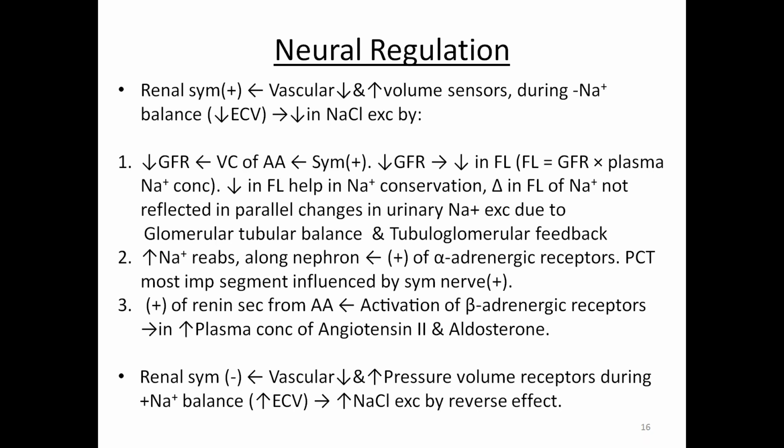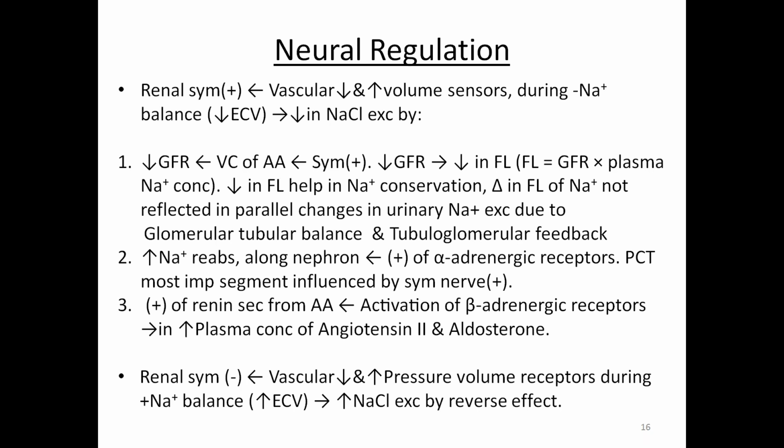The third mechanism is stimulation of renin secretion from cells of afferent arterioles. That is produced by activation of beta adrenergic receptors, and that results in an increased plasma concentration of angiotensin II and aldosterone. So this was about renal sympathetic stimulation.